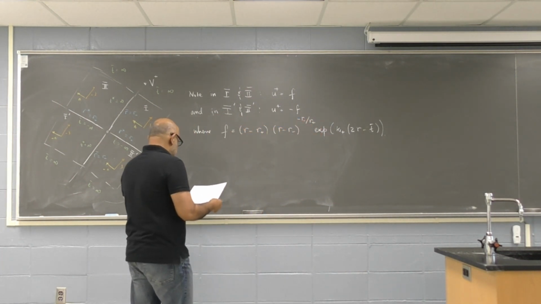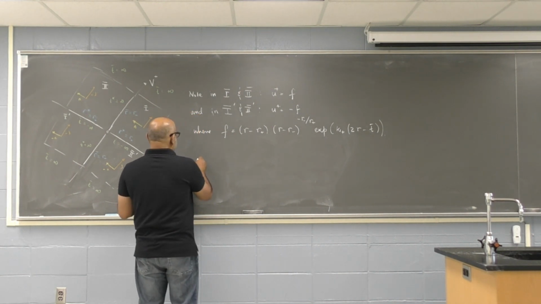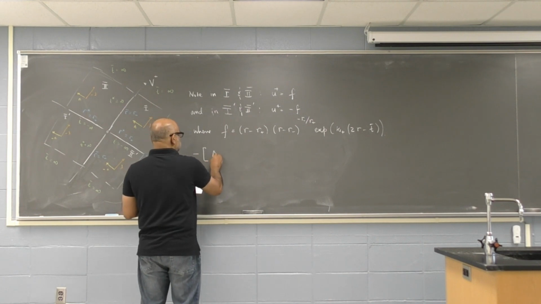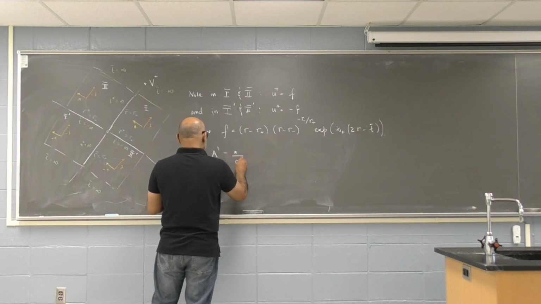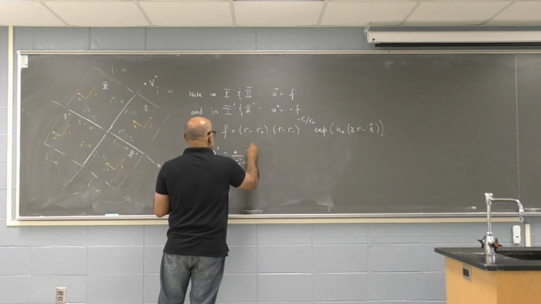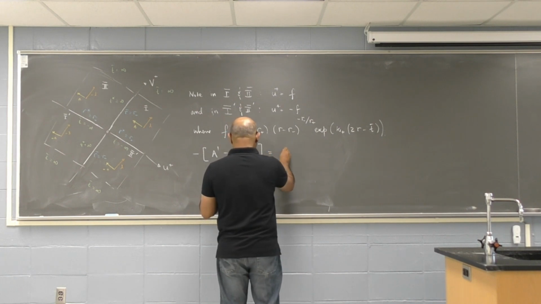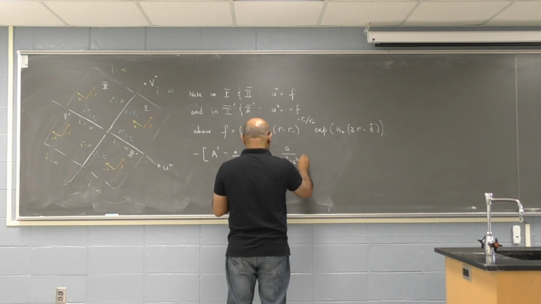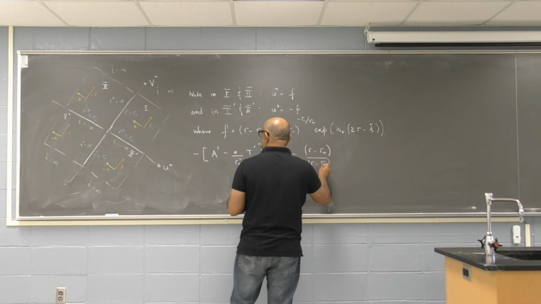Okay, and I would also like to note that minus a prime a over r plus squared plus a squared, t prime is equal to a over r plus squared plus a squared, r minus r plus, r minus r minus.